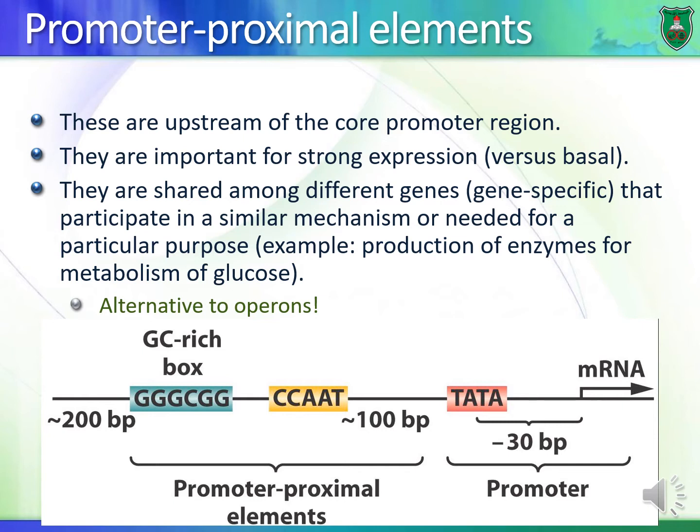And their expression can be harmonized and unified by having the same promoter-proximal elements. So once we have promoter-proximal elements for all of these genes, you have a single regulatory protein that can bind to the promoter-proximal element of gene 1 and gene 2 and gene 3, inducing their expression all at the same time. So it's almost like an alternative to operons.